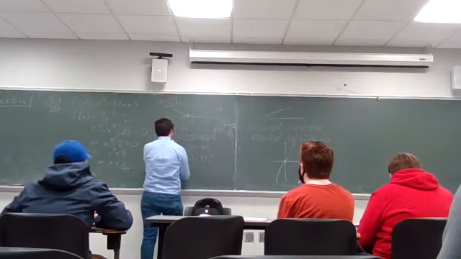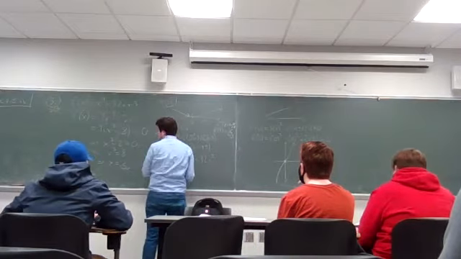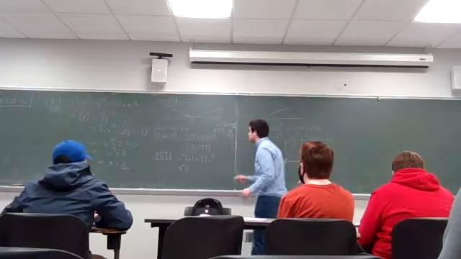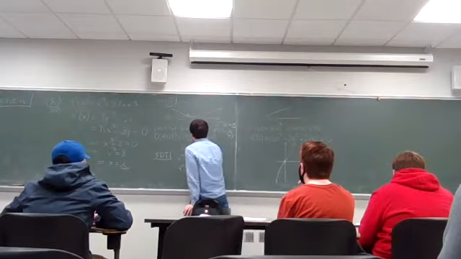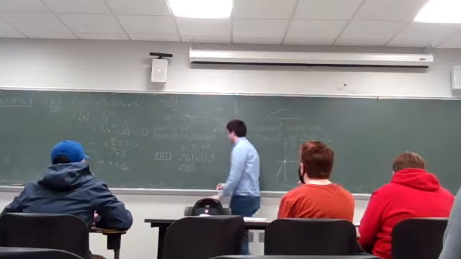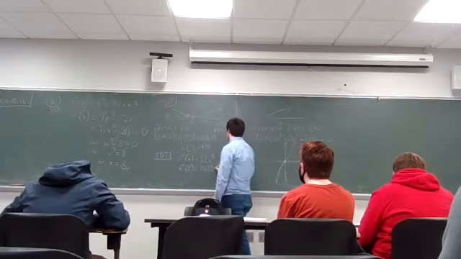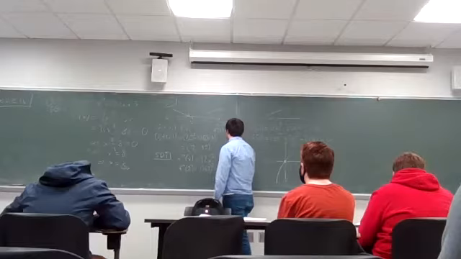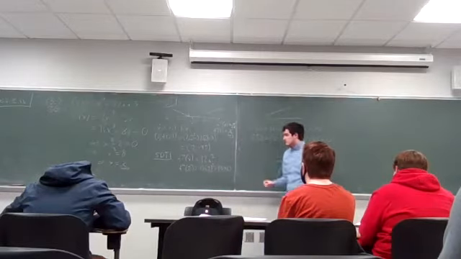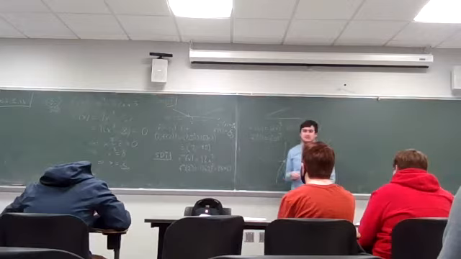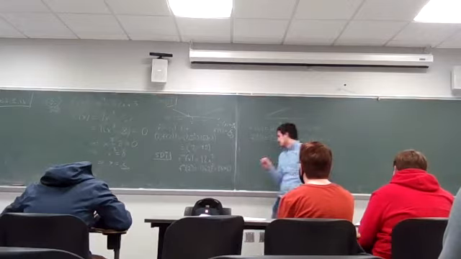Now I want to take our critical value, which was 2, and plug it in, which will give me 12 times 2 squared, which is 48, very much clearly greater than 0. So what is the concavity at that point? It's concave up. Good.